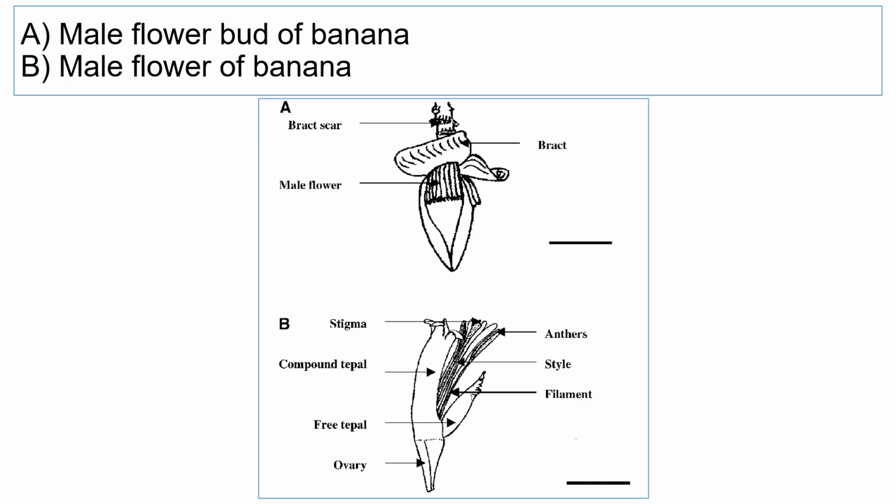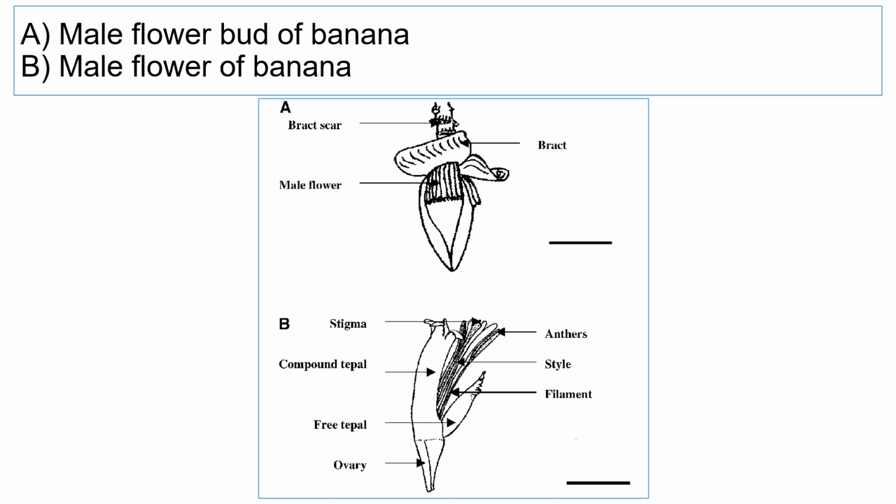So here you can see the diagram for male flower bud of banana. This is the bract, and after some time the bract will be falling down, and after that there will be a bract scar remaining on the rachis.